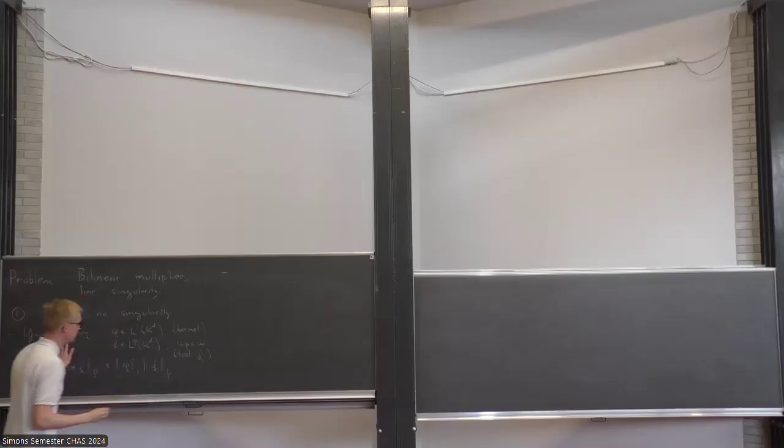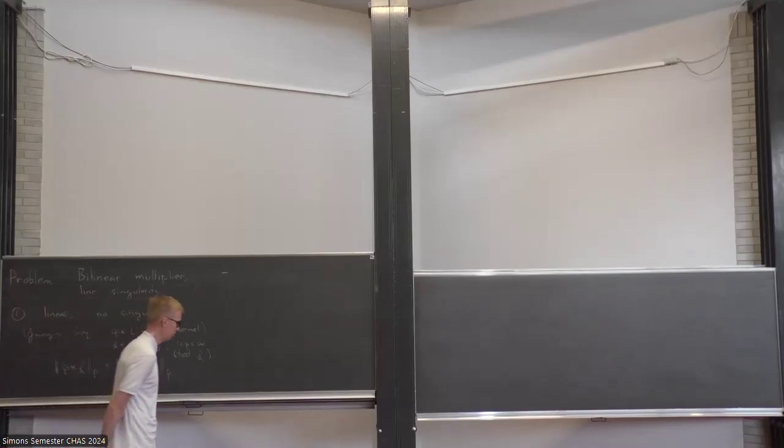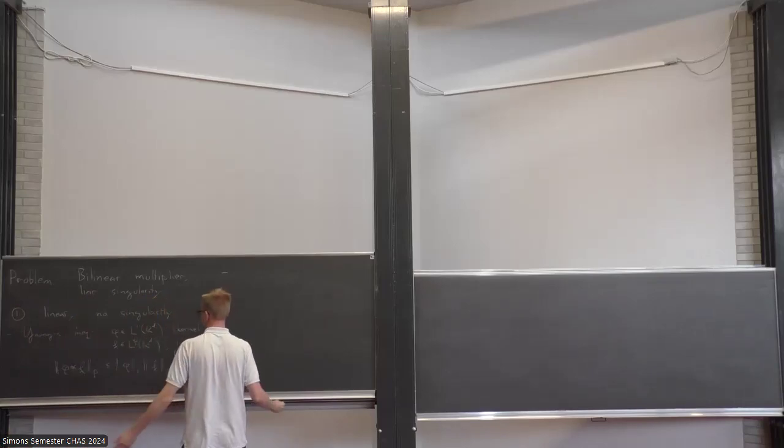Then Young's inequality, of course, just tells you that phi convolved with f is bounded by the L1 norm of phi times the Lp norm of f. Okay, so this is the case where no cancellation enters the game. This is a real analysis thing you prove by basically Fubini's theorem, not much more.